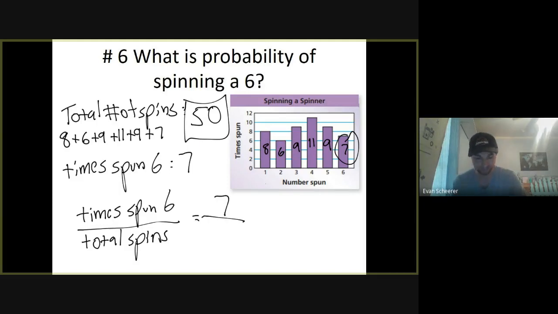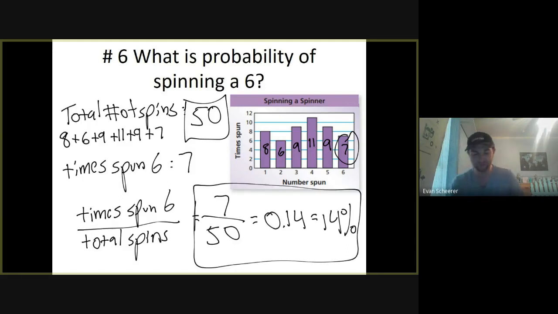How many times did we spin total? 50. Therefore, 7 over 50, which equals 0.14, which equals a 14% chance. Right? 7 divided by 50 is 0.14, so you have a 14% chance. All of these are correct, a fraction, a decimal, and a percent, depending on how your answers look.